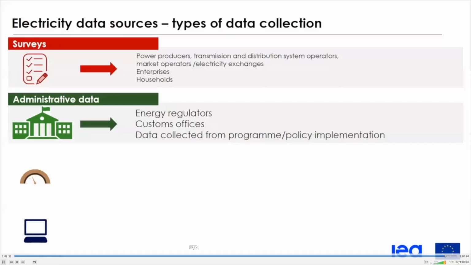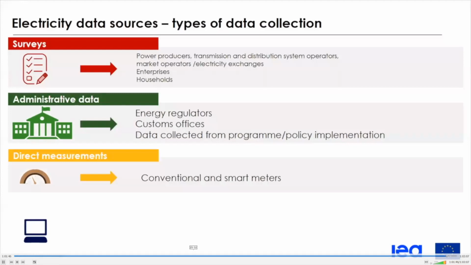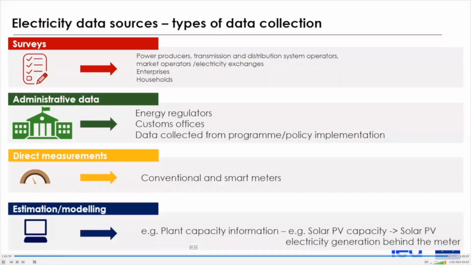You can use administrative data from energy regulators, customs office for the trades, and data collected from program policy implementations to check the efficiency of specific policies. You can use direct measurements, using conventional or smart meters to directly measure the consumption on a building or at a specific place at regular points. And finally, you can use estimation and modeling, for example, using the plant capacity information to estimate generation of specific sources.